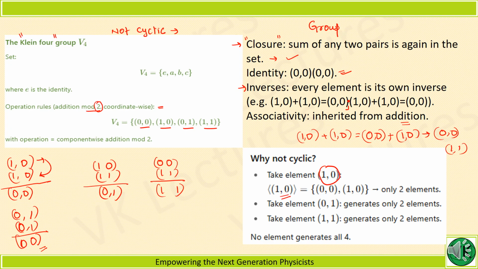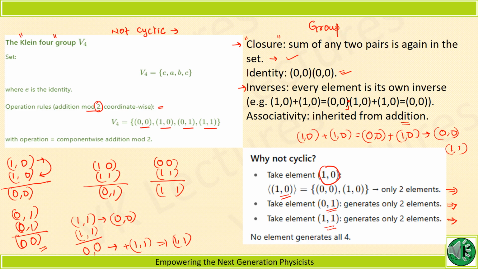So it's the case for any element in the group. You take (1,0), you can generate only 2 elements. Again (0,1), we can generate only 2 elements of the group. Take (1,1), it can generate only 2 elements. For example, (1,1) plus (1,1) gives you 2, 2 mod 2 is 0, so (0,0). Then (0,0) plus (1,1), again you get (1,1), not any other element.